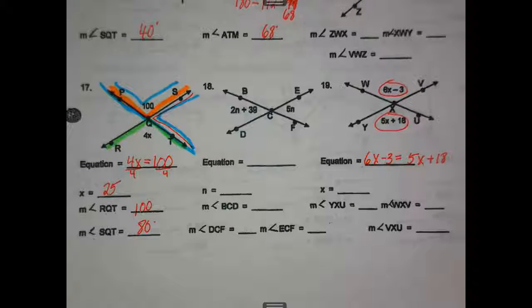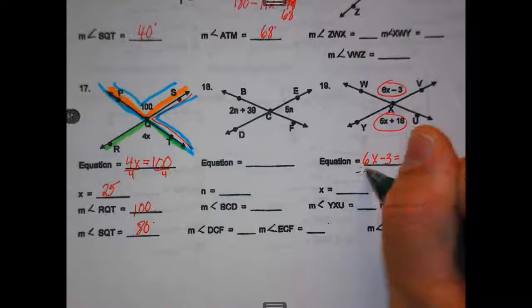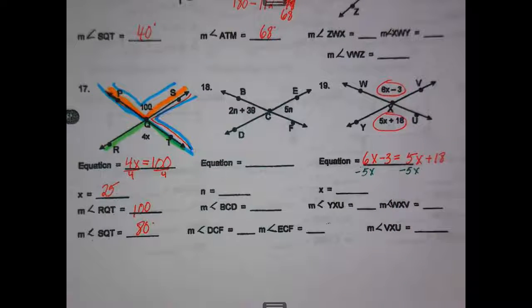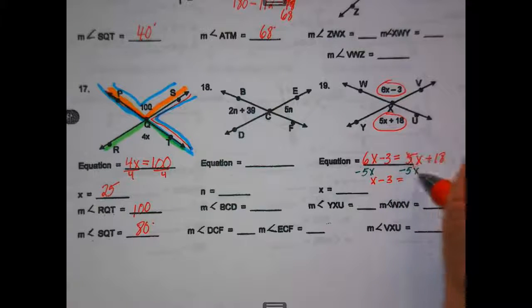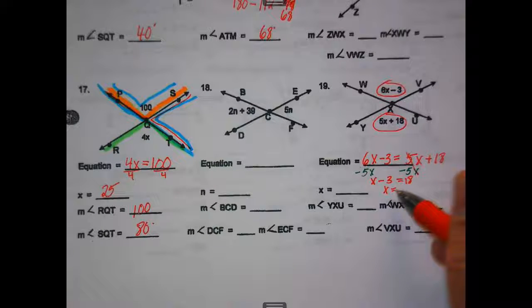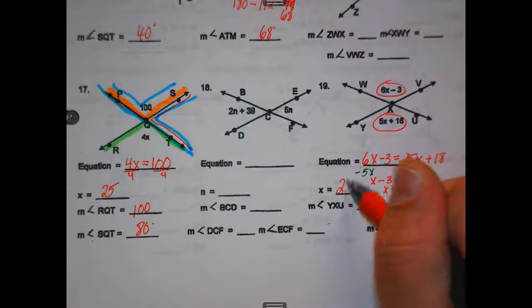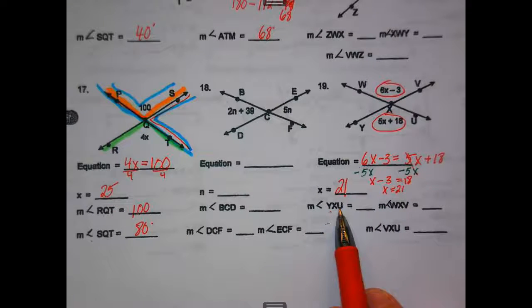Okay, now for x. Subtract 5x. So I get 1x minus 3 equals 18. Add 3. 21. Okay, the measure of angle YXU.